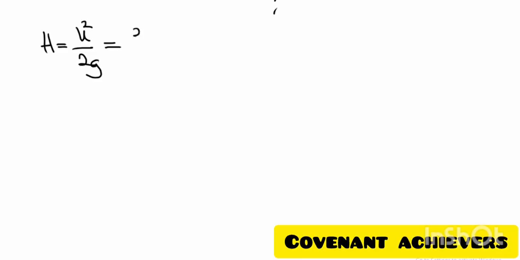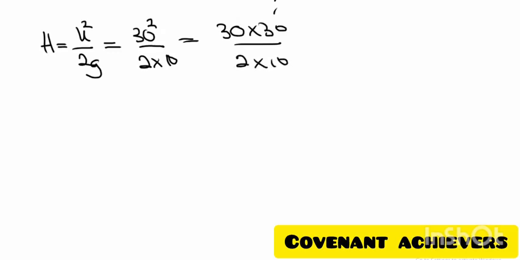So we are going to have 30 square over 2 times 10, that is 30 times 30 divided by 2 times 10. 10 will go there, that's 3. 2 goes into 30, that's 15. So 15 times 3 will give us 45 meters.